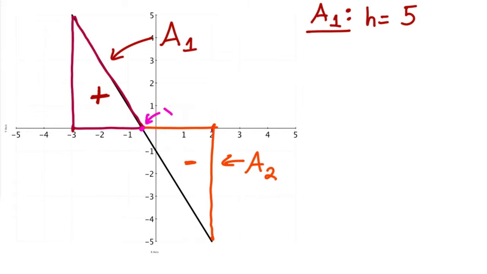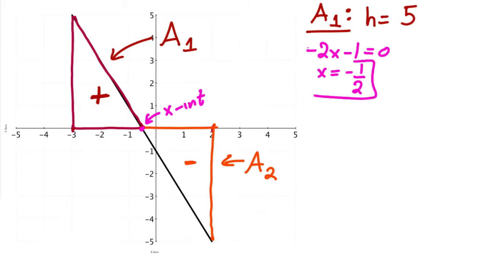Well, this point is simply the x-intercept of our line. So we can find when negative 2x minus 1 equals 0. That's when x is equal to negative 1/2, right? So this point right here is negative 1/2. Then the base from this point to negative 3 is 1, 2, and a half.